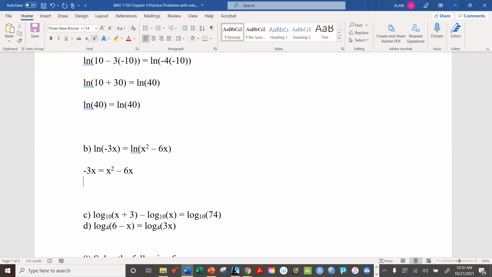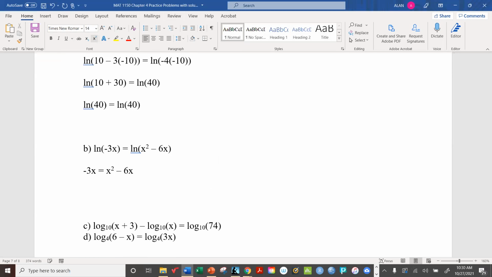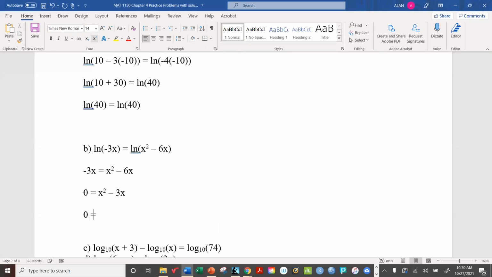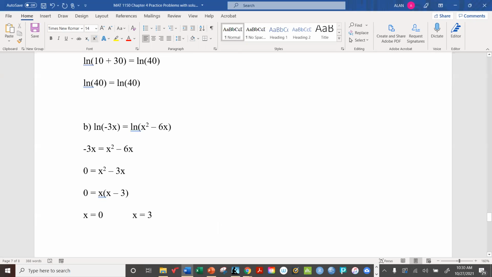And then what we should do is gather everything up on the same side. So let's add 3x to both sides: 0 equals x squared minus 3x. And then I can rewrite this as x times (x minus 3). So this one actually has two solutions, x equals 0 and x equals 3.